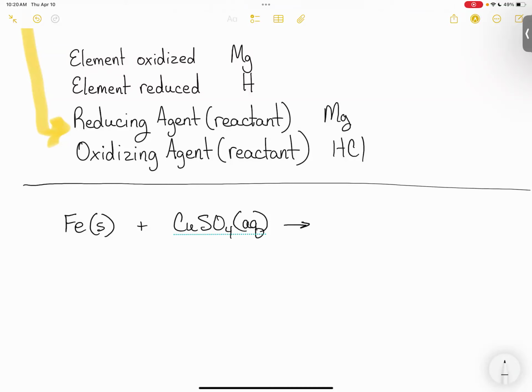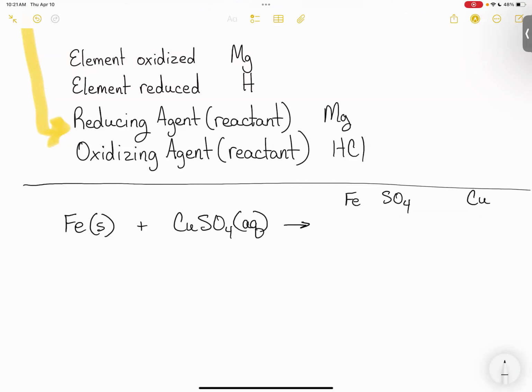This is a single displacement reaction. We know it is a single displacement reaction because we started with an element and a compound. Being a single displacement reaction, it means that the element is going to replace the cation. So iron is going to replace copper in reacting with the sulfate. And then you have copper.